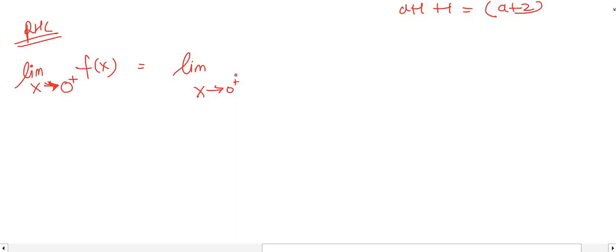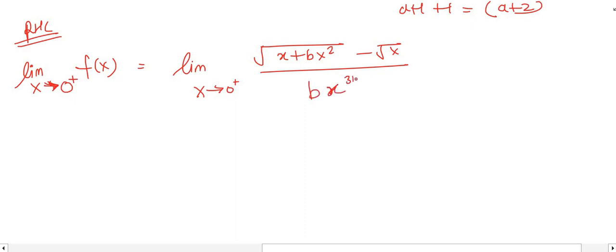From the question, if we write down, it was root of x plus bx square minus root of x by bx power 3 by 2. Correct? Because this function was true for x is more than 0.